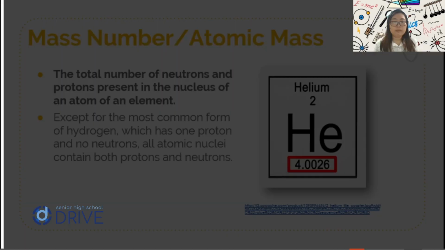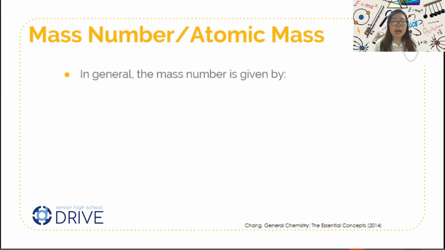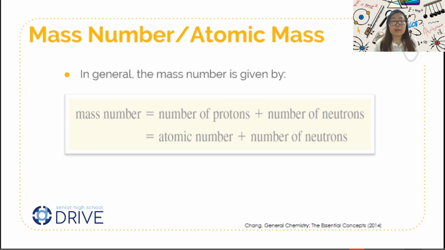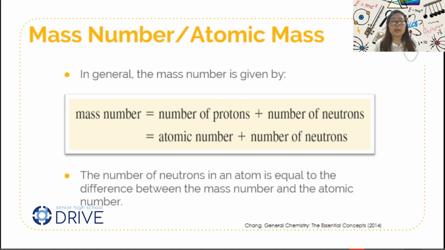Now, how to compute for the mass number? The mass number is given by the number of protons plus the number of neutrons, or atomic number plus the number of neutrons. And if you're going to look for the number of neutrons, you just need to subtract the atomic number from the mass number. Okay?